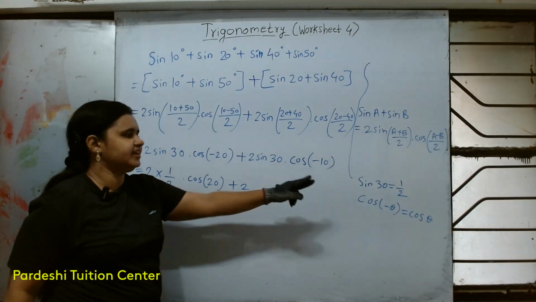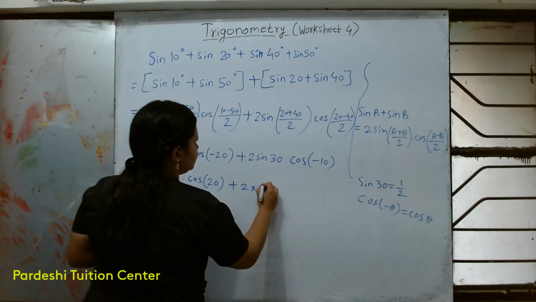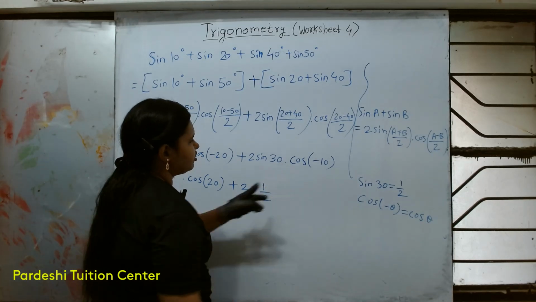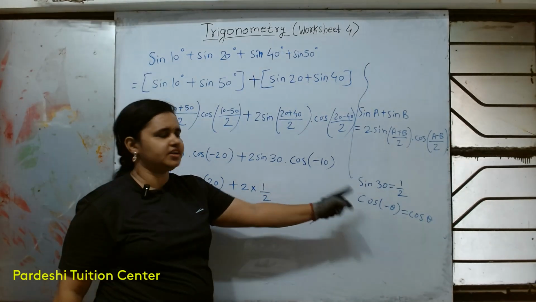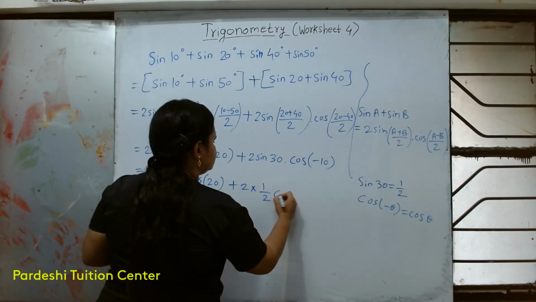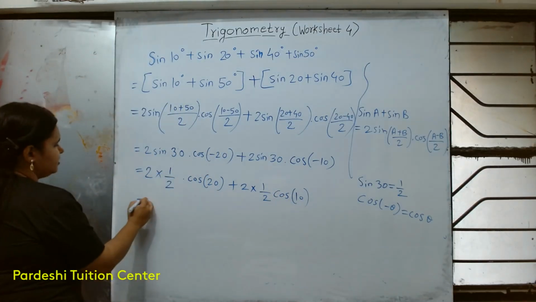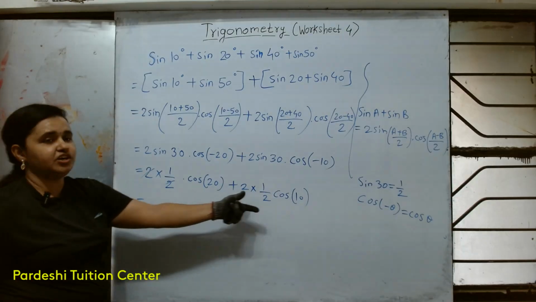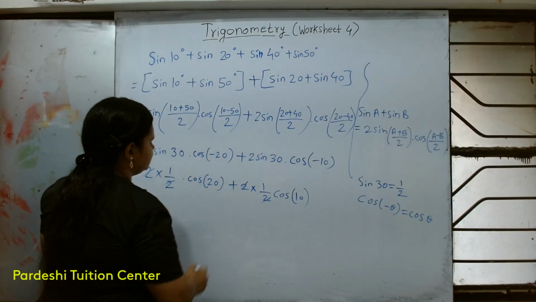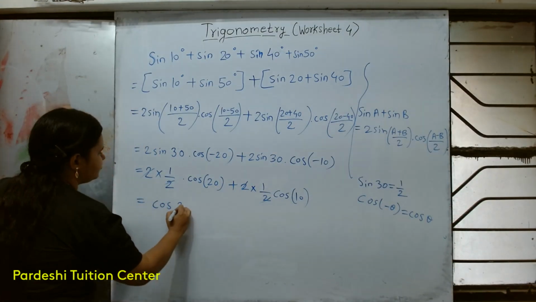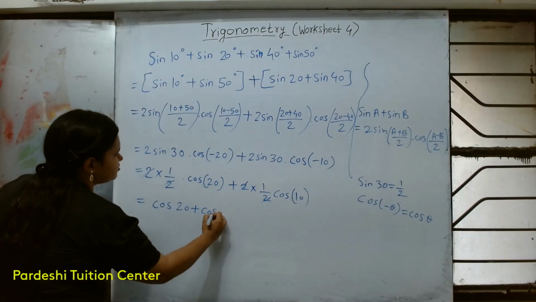Sin 30 is again 1 by 2, so it will be 1 by 2 again, and cos of minus theta is cos theta. So it will be cos 10. Okay. Now 2 and 2 will get cancelled. Here also 2 and 2 will get cancelled. So what is remaining? Cos of 20 plus cos of 10.